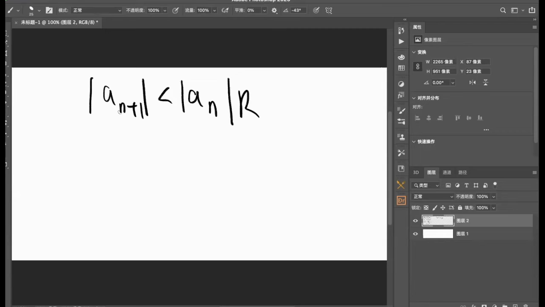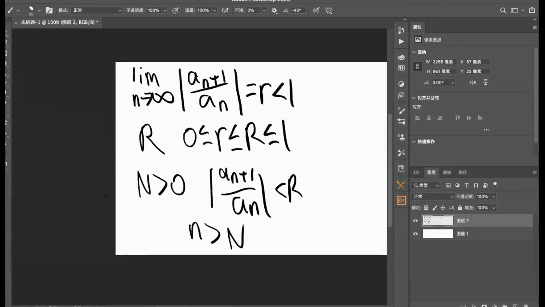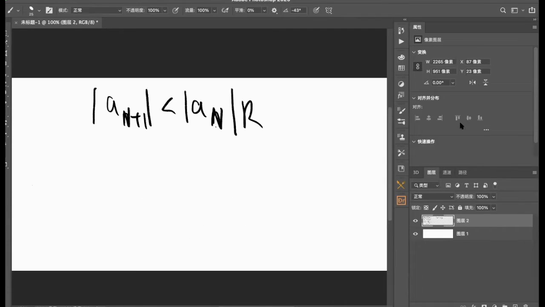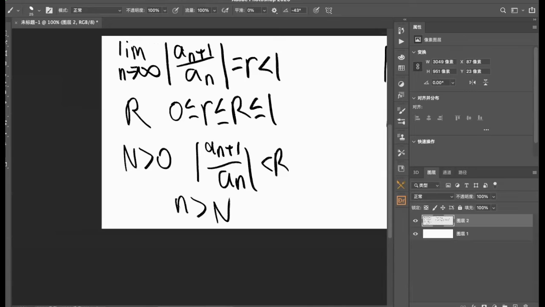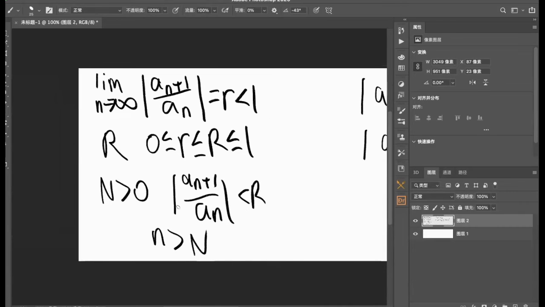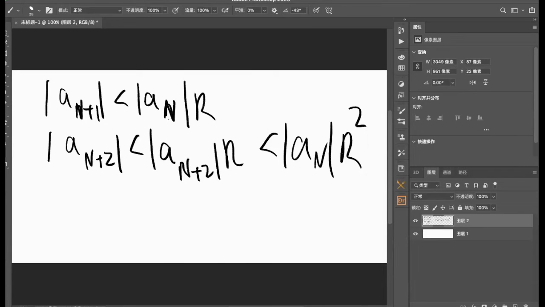Now I plug in big N for small n, because I stated in front that we assume there was some number N bigger than 0. And this will be smaller than an times R squared. Easy to see why, right? Because from the first equation it was equal to r, and r was smaller than big R, so we times another big R. This will definitely be bigger than the things in front.